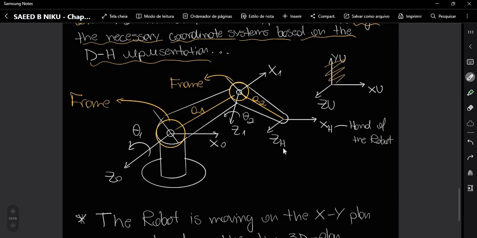So here we have this skew line and this other skew line, and the shortest distance between these lines is the common normal, or we can say that the common normal is the length of this link.